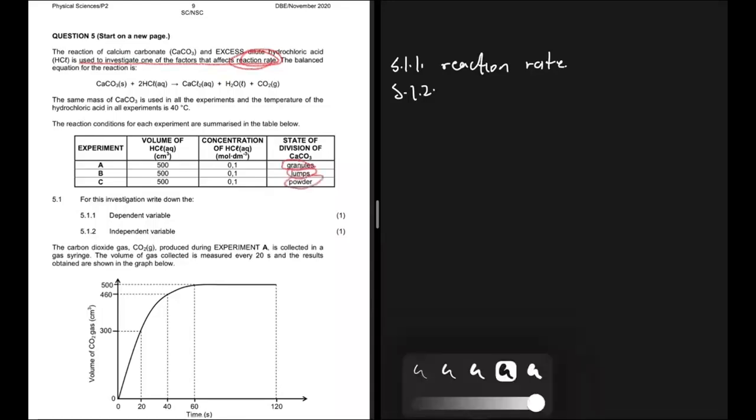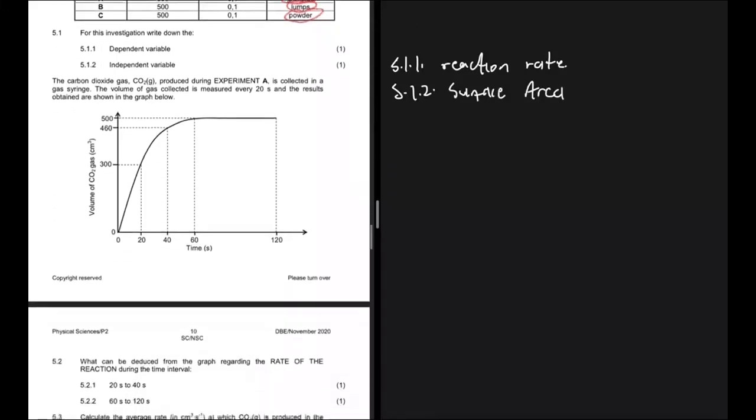So the independent variable here is the surface area, because it's what we're changing to determine its effect on reaction rate.